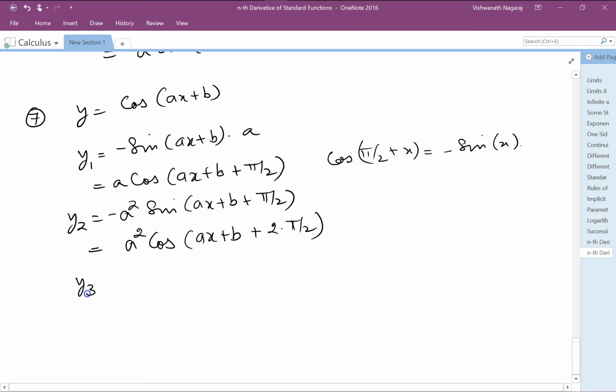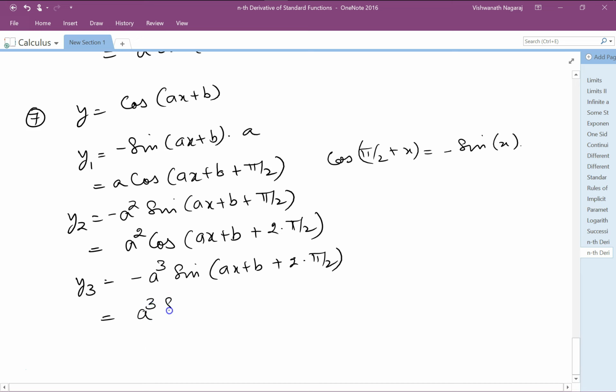Let's do one more. y3 is equal to, now if we differentiate this, we will again get minus a cube sin(ax + b + 2 times pi/2). Now this again we convert it into cos. So this minus will become plus.